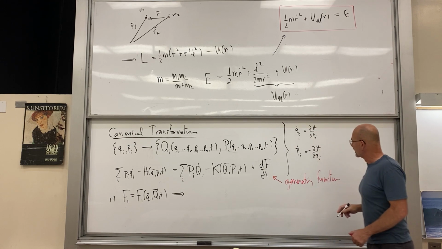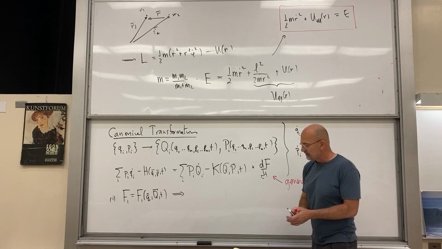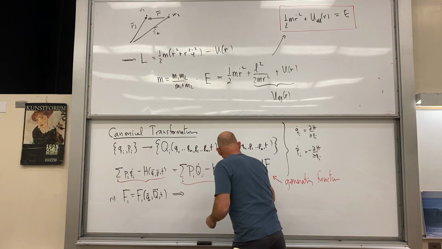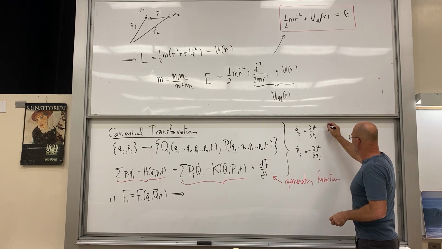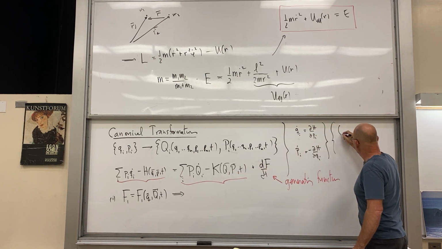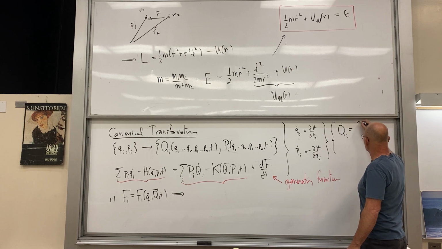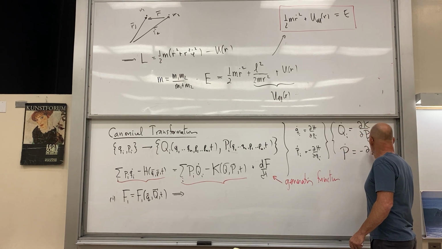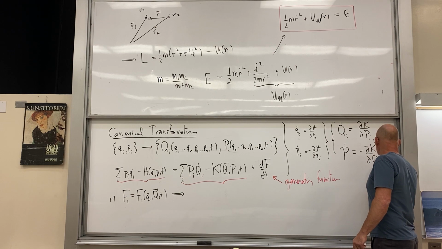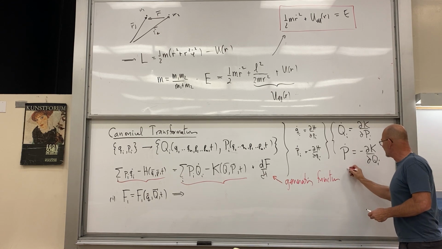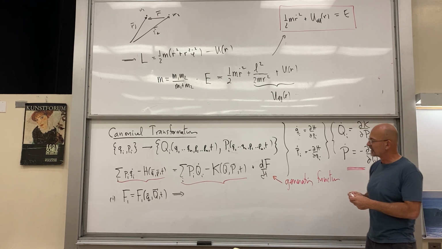Okay, so those were the canonical equations for this side. And the canonical equations that we're looking for are going to have to be the analogue here, so we're looking for Q dot equal to dK/dP, all uppercase now, P dot equal to minus dK/dQ. So this is what we are requiring. The whole point of this exercise.